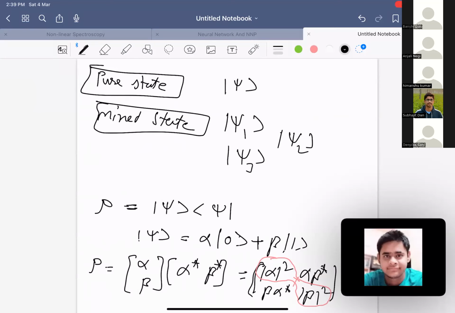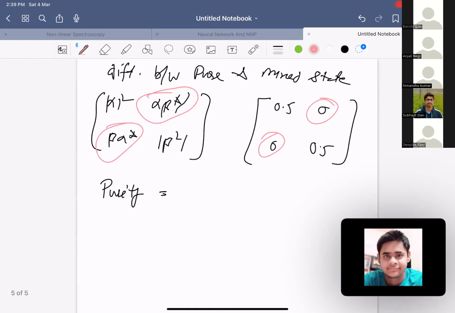But here I have said suppose psi is a superposition of two states. To answer your question, if psi is just in the 0 state, then these off-diagonal elements will disappear. It will become 0, so the matrix will only be 1, 0, 0, 0, like this.